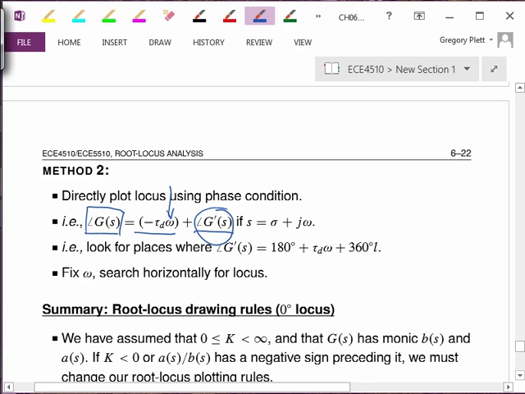So we want the angle of G'(s) to be 180 plus tau_d omega plus 360 L. Or alternately, we have to find the value of omega for which that's true. So in any case, we can work with delays. I'm not going to go into that more in this course, but it is a significant concern in some cases like digital control system design.